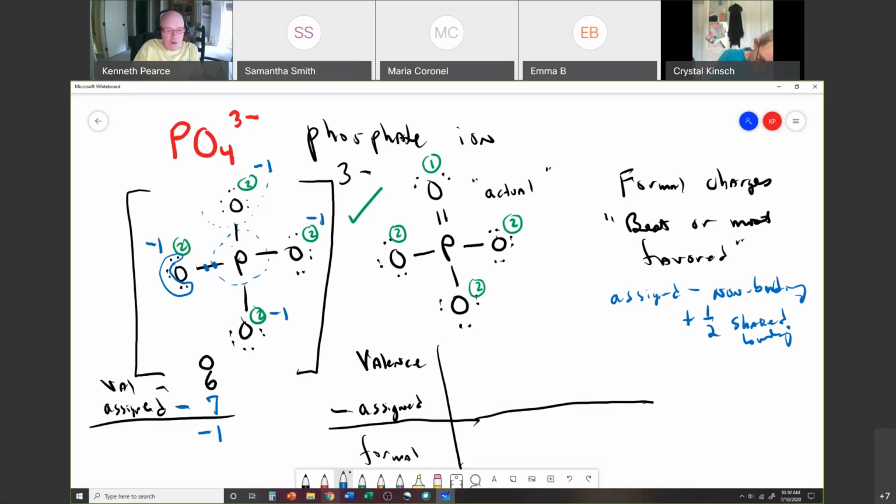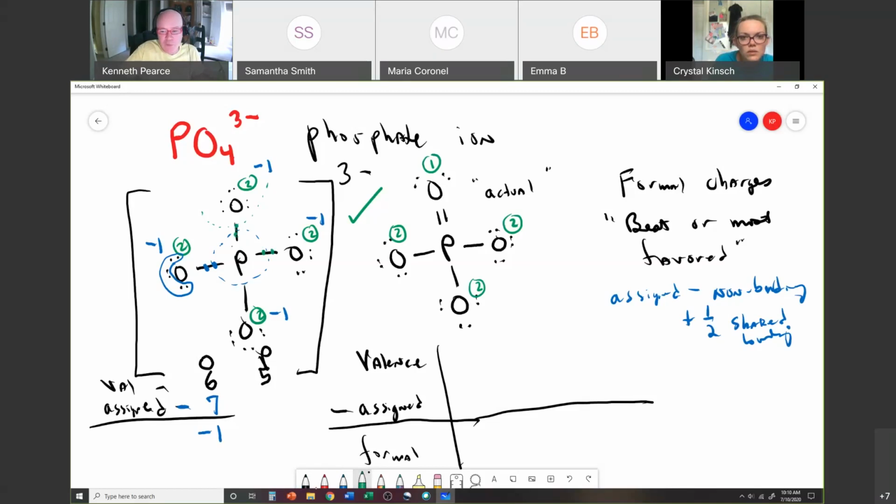Now let's do the phosphorus. So we say, what's the phosphorus? Well, the valence electrons on the phosphorus, we look and we go, here's phosphorus below nitrogen, and we go 1, 2, 3, 4, 5, and we say 5 on the phosphorus. That's the valence electrons. Doesn't matter whether it's double bonded, single bonded, triple bonded, whatever, it's 5. Now, assigned. How many do we have that's assigned? There's 2 here, but that's 1.